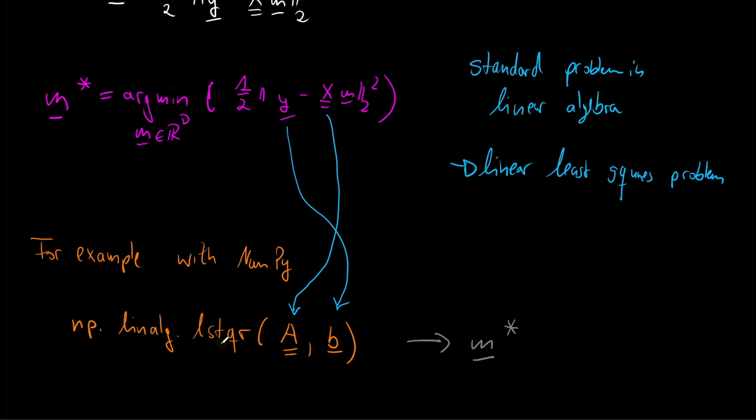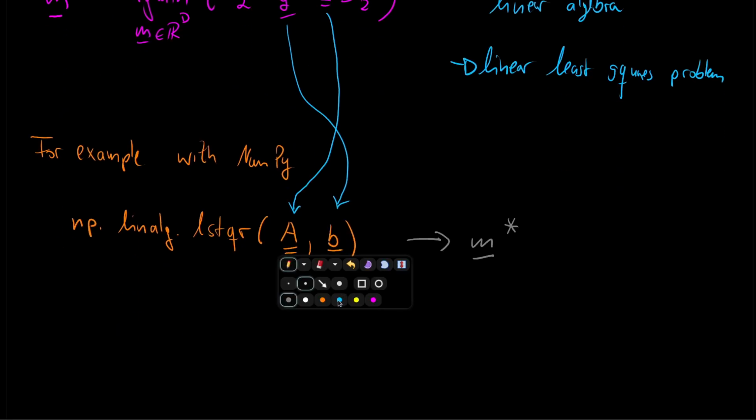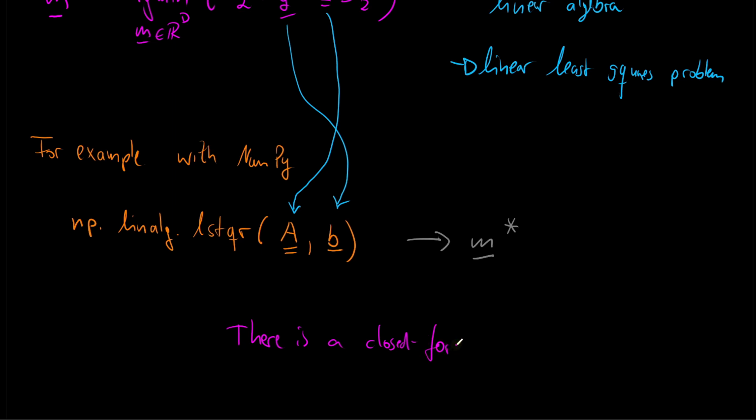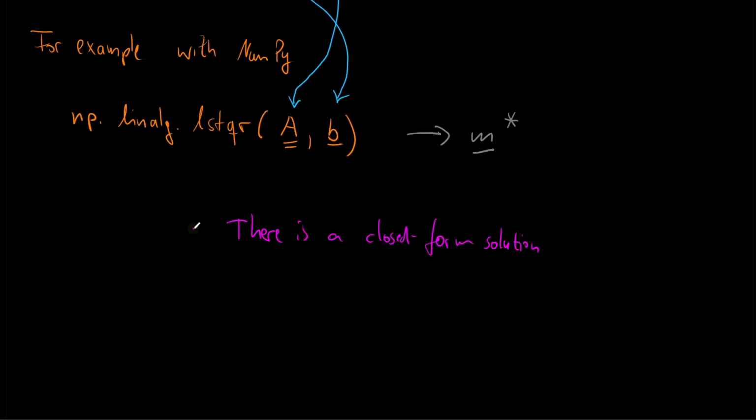And this is also what I want to highlight here. There is a closed form solution. We won't be looking at it in this video, so tune in for the next one in order to see how we are able to solve it so efficiently. There are multiple ways actually, but the big advantage is no numerical optimization is needed.